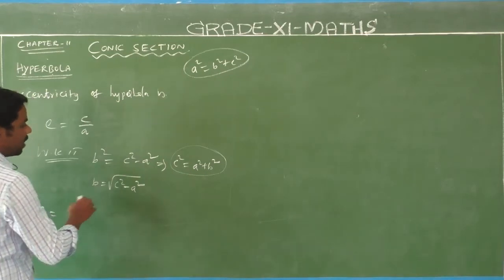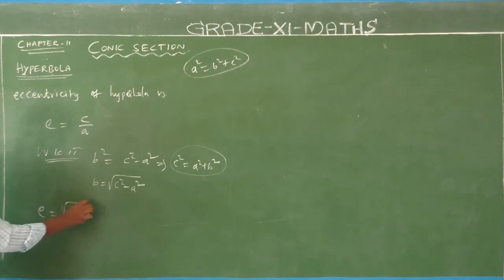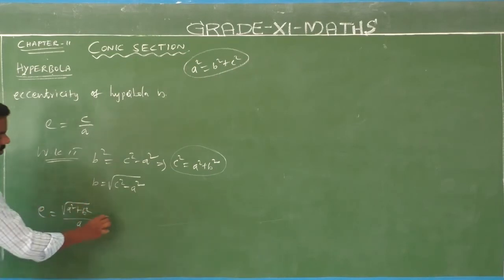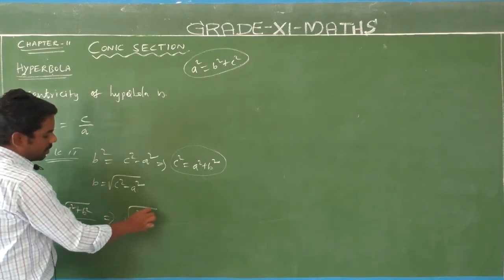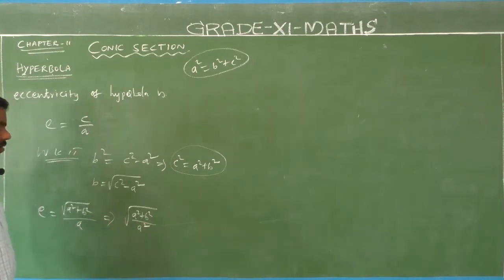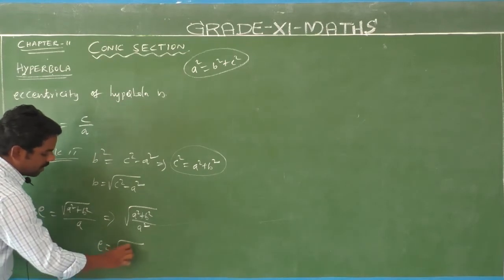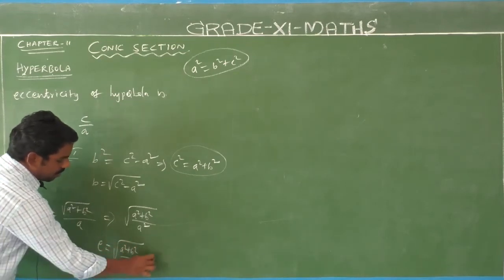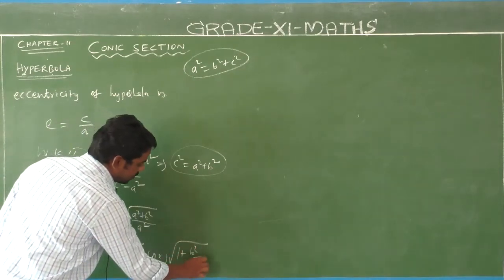So substitute this value. c is the root of a squared plus b squared, divided by a. So the eccentricity is the root of a squared plus b squared by a squared, or the root of 1 plus b squared by a squared.